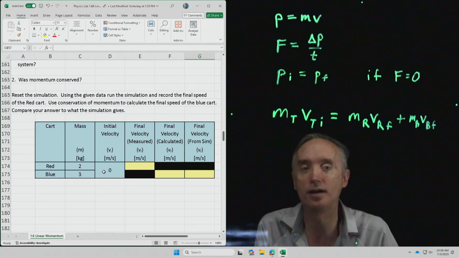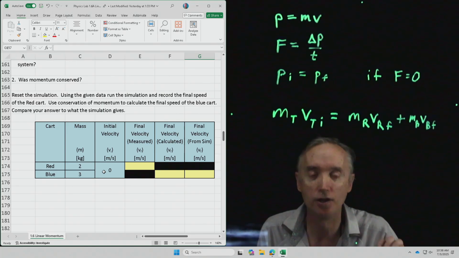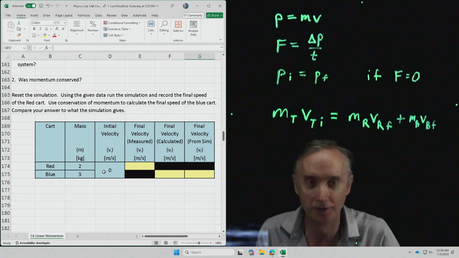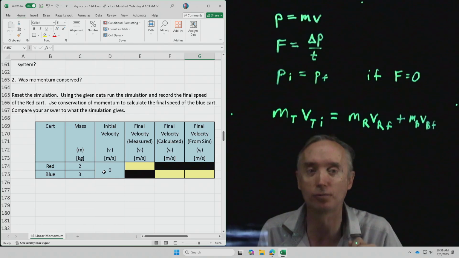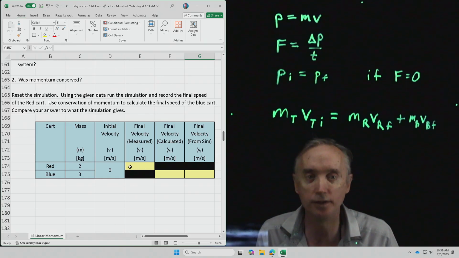And this time you hit the go button, and you are only going to look at the red car. Don't look at the blue car, okay? Just look at what the red car does.